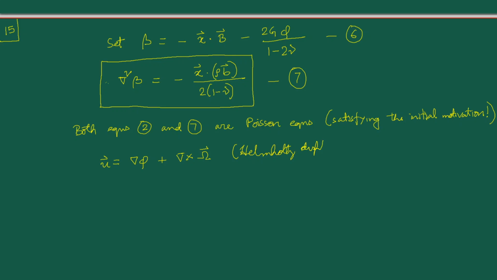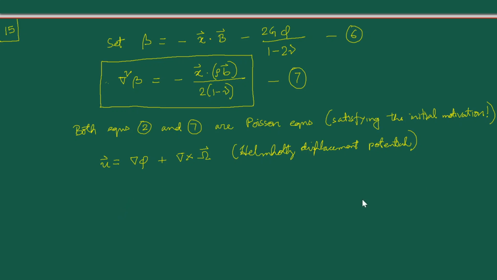This was our starting point here. How is it possible to rewrite this in terms of the b vector and the beta vector?